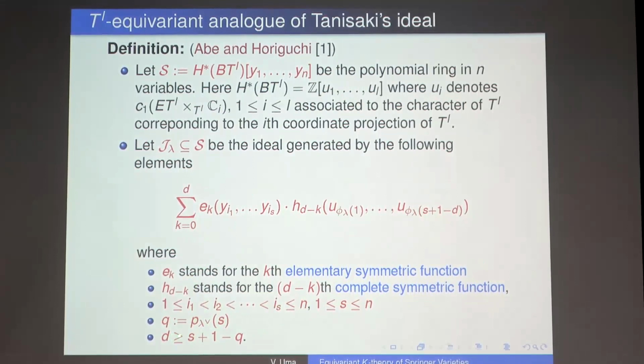And this d is bigger than or equal to s plus 1 minus q. So this is very important for us: d is always bigger than or equal to s plus 1 minus q, and this k varies from 0 to d. So these are the relations. As we can see, they are involving these coefficients here and these polynomials.